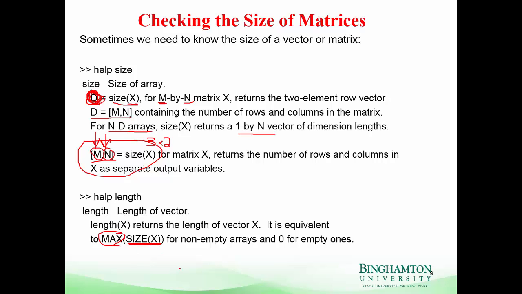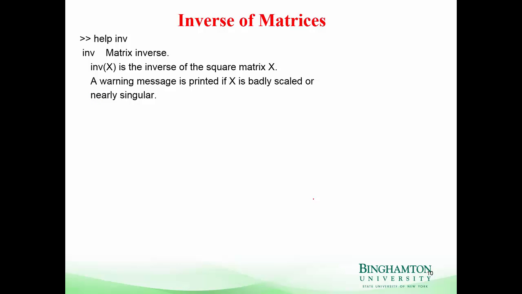And so that's what this would do. So that tells you what would happen if you applied the length command to something that's not really a vector. You would get the largest of its two numbers of rows or columns. So keep that in mind.